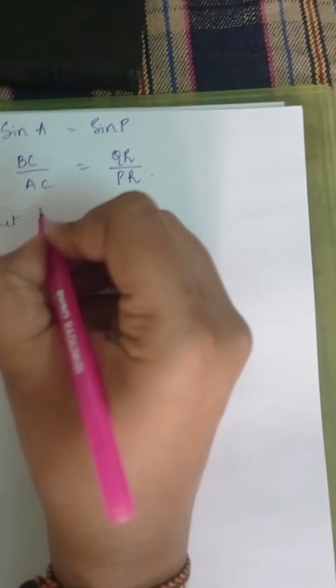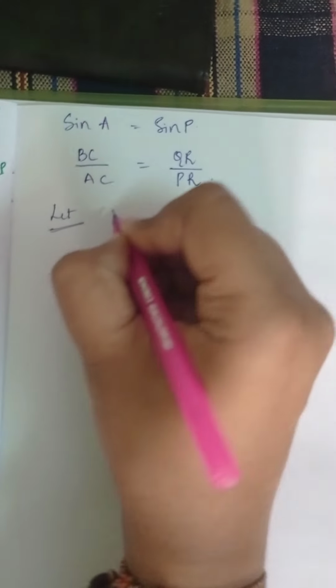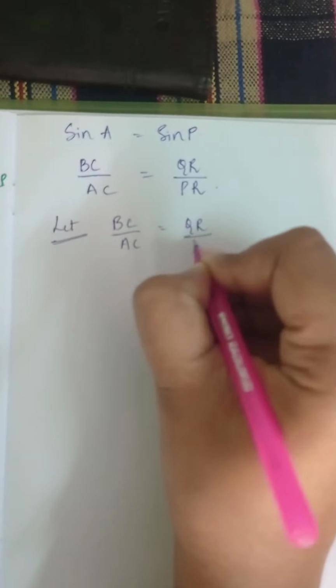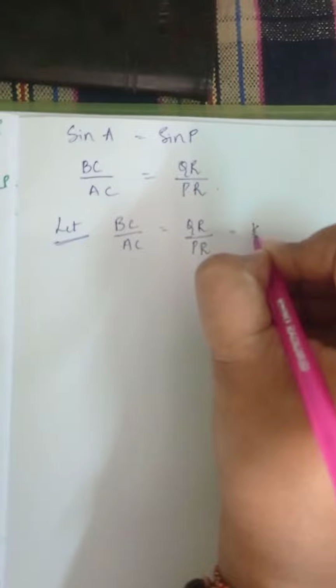And here we don't know the exact values of these, right? So we are assuming it as K. BC by AC equal to QR by PR is equal to K, right?